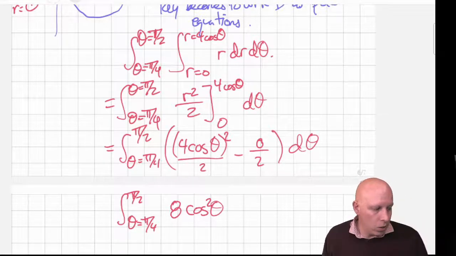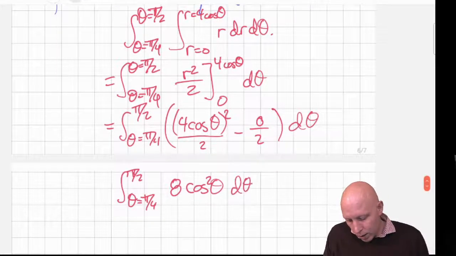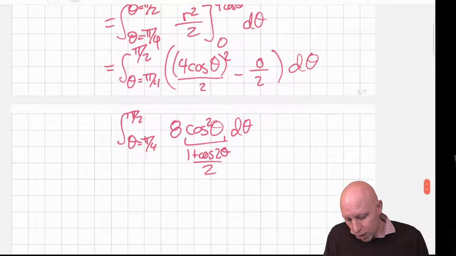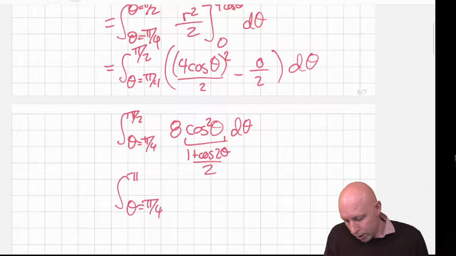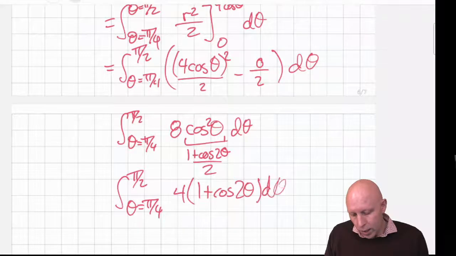We again need to use our trigonometric identity: cosine squared theta is equal to (1 plus cosine of 2 theta) over 2. So this integral becomes the integral from pi over 4 to pi over 2 of 4 times (1 plus cosine of 2 theta) d theta.